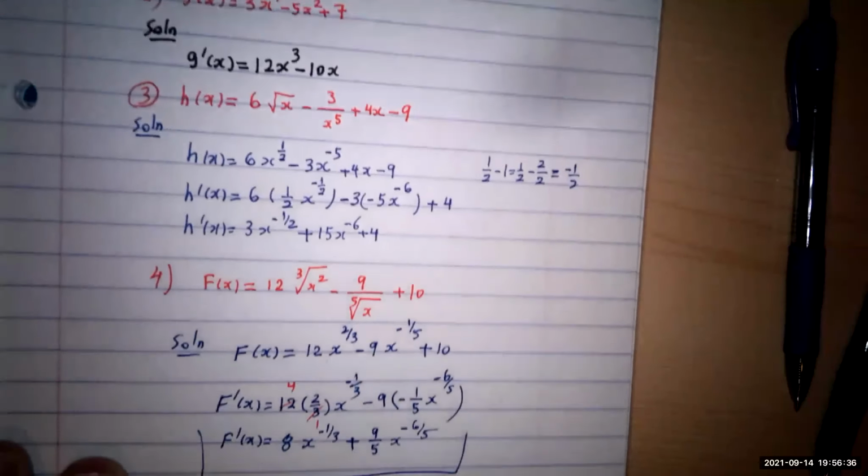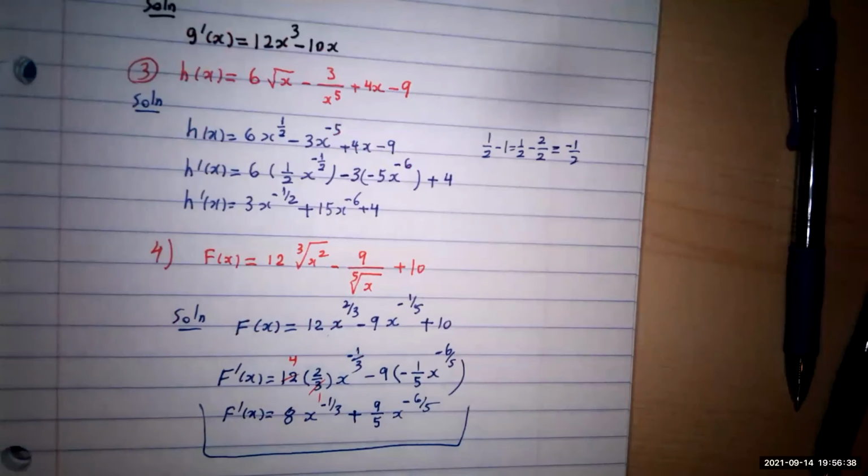But if you have radical expressions like the radical x or the third root of x squared, you have to rewrite it into the rational power and carefully take care of it to get this number. Any question? So that's problem number 1 for the test.